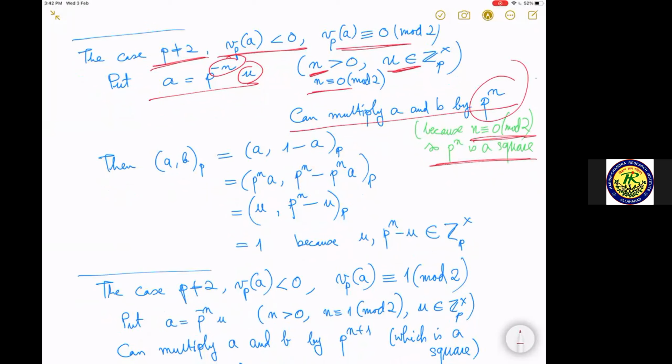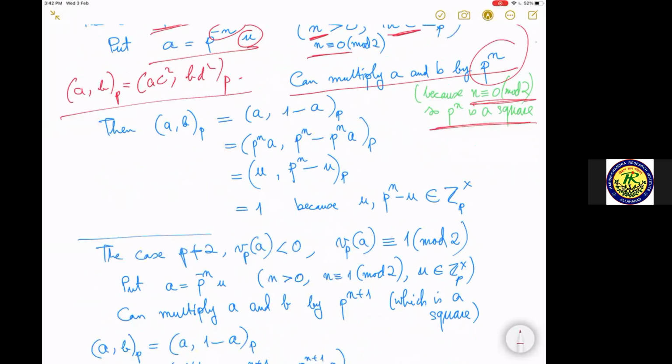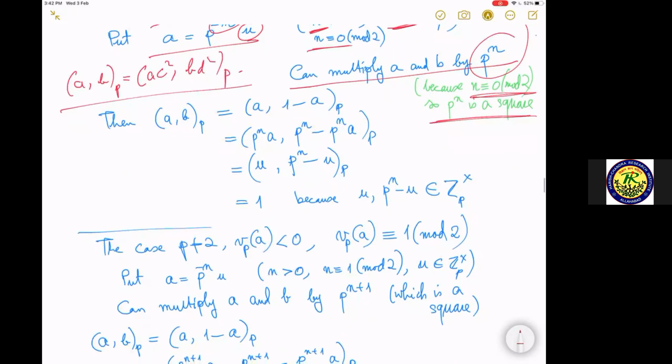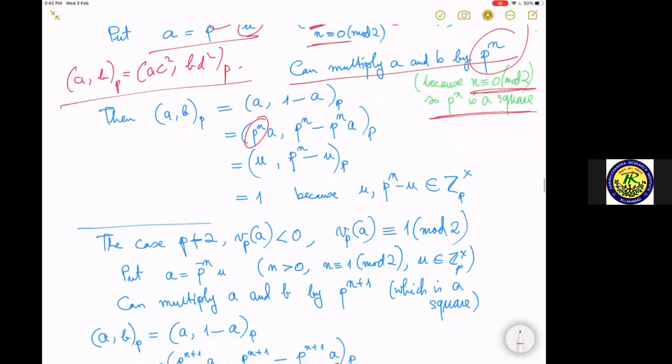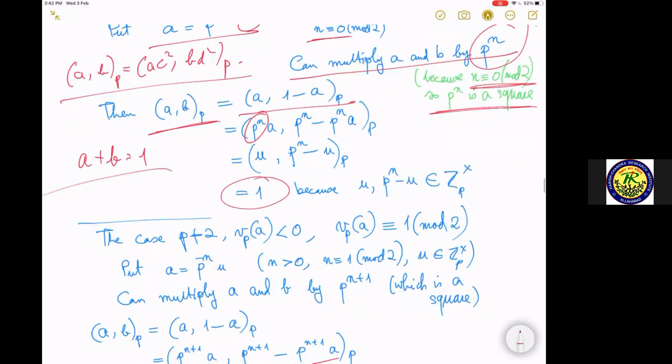(A,B)_p is equal to (A c squared, B d squared)_p. So I now multiply things by p to the n. (A,B)_p is (A,1 minus A)_p, because A plus B is equal to 1. That's what we are looking at, and we want to prove that in this case the Hilbert symbol is equal to 1. So replace B by 1 minus A, and then multiply both of these by p to the n.